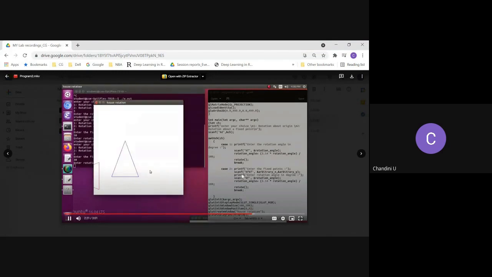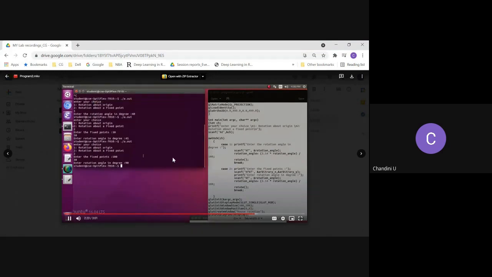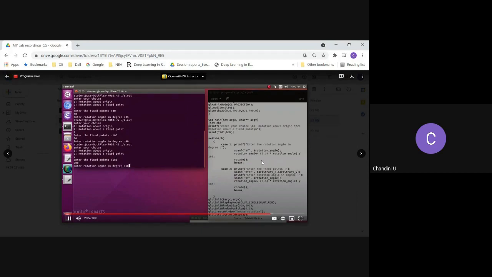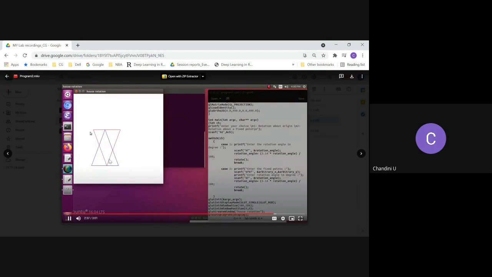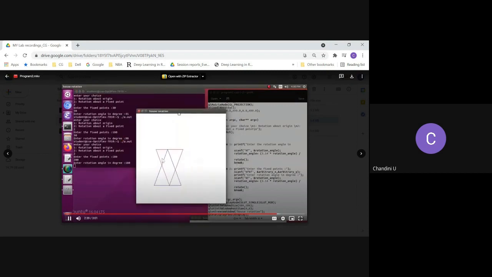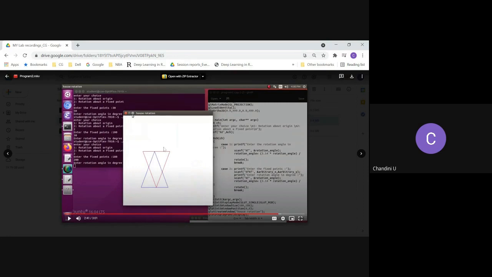I can show you one more. The fixed point is 180 and 200 and the rotation angle is 180. So you can see it has been moved and we are getting the object rotated at this point. Okay, and it has been rotated 180 degrees. All right. Have you understood?